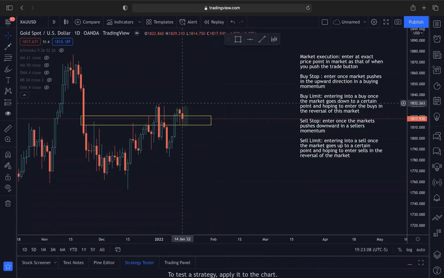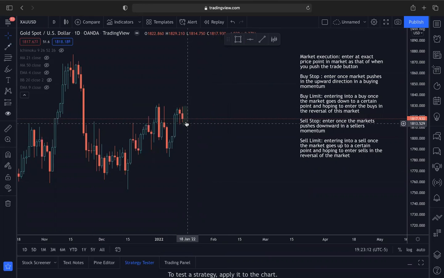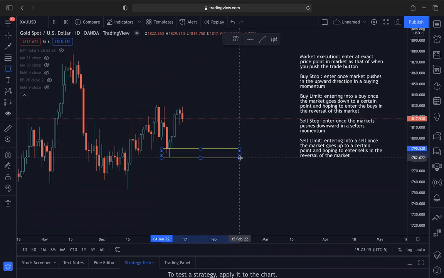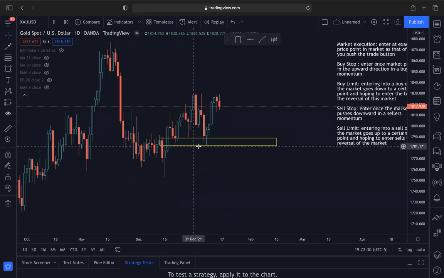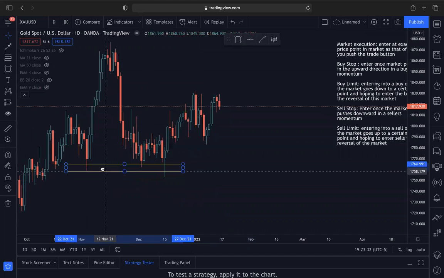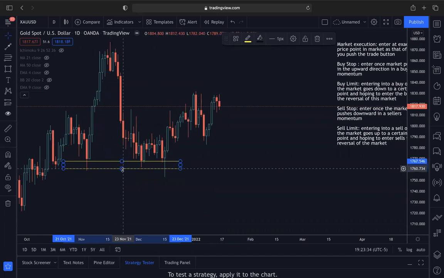All right, and then buy limits. It's more of a reversal entry. So let's say we're looking at this area. And in this general area, or maybe actually like this one better, supports the trend a bit better.